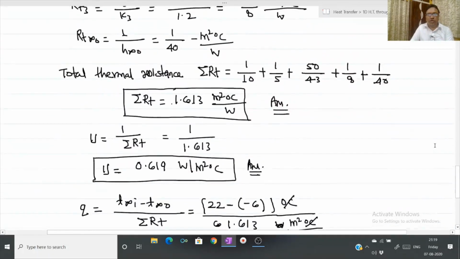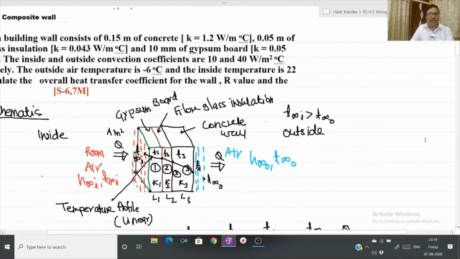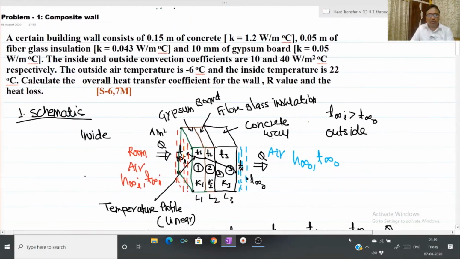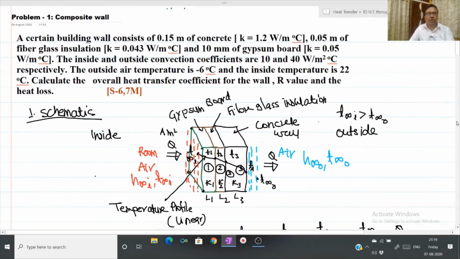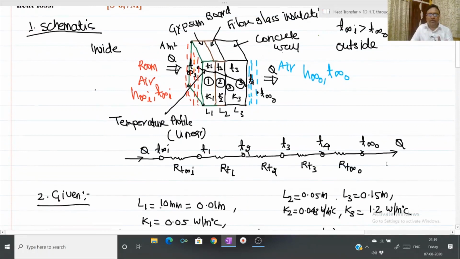So what I want to convey, see the flow of problem solving. First, we could draw the schematic. We have represented all the important parameters into this schematic. We have drawn the electrical equivalent circuit.